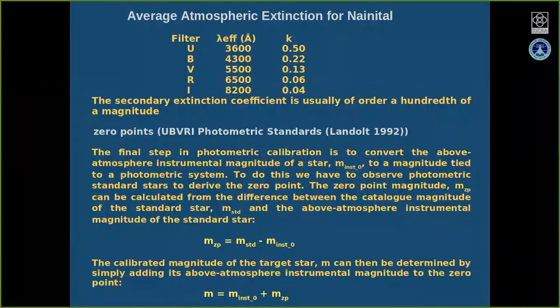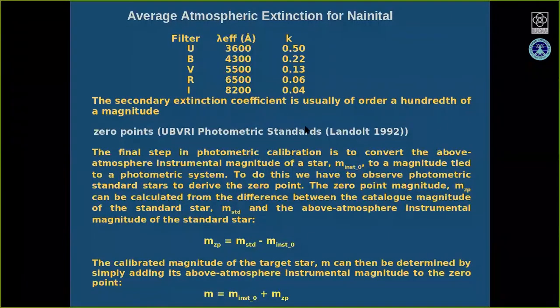So now the next point, this is the zero point. We call it the zero point. For zero point correction, I'll tell you now what it is. It is very interesting. If you like to do any astronomical photometry, you have to be very much expert in all these things. There is a paper published by Landolt in 1992.